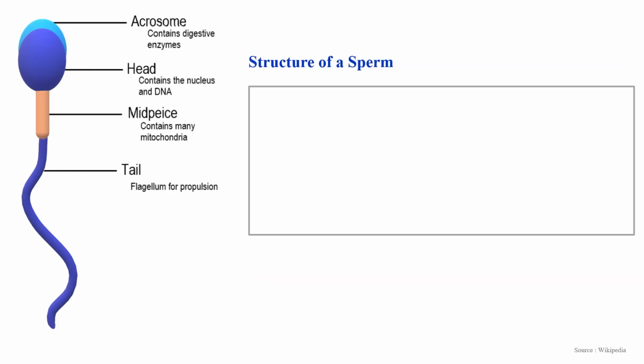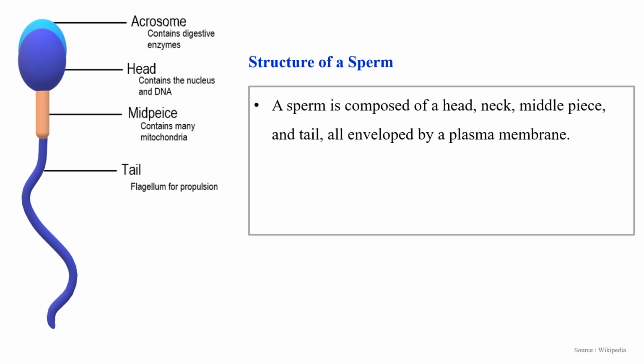Now let's discuss the detailed structure of sperm. As you can see, this is the general structure of sperm. It is composed of the acrosome, the top part. Just below the acrosome, the head is present. The head contains the nucleus and DNA. After the head, there is a mid piece which contains many mitochondria, which provide energy for the tail movement.